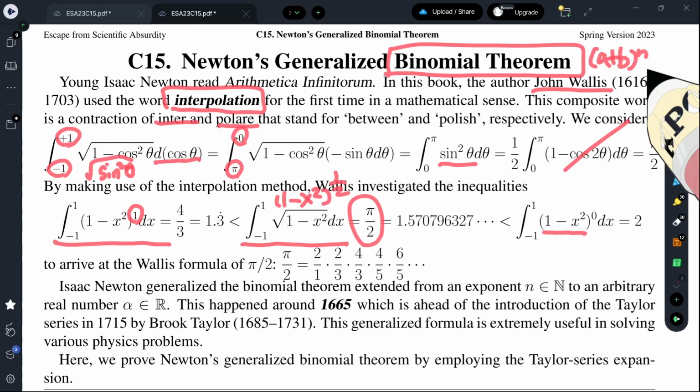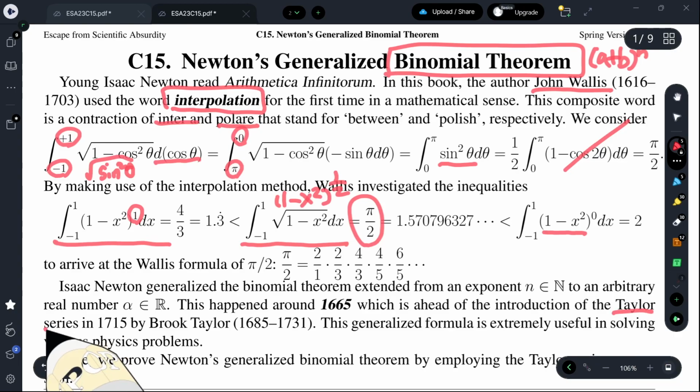But Newton was the first one able to expand with non-integral powers such as 1/2 or minus 1/2. That is called the generalized binomial theorem, which is well ahead of the discovery of the Taylor series by Brook Taylor.